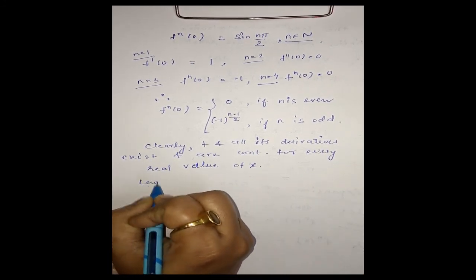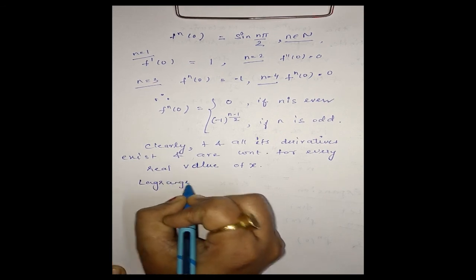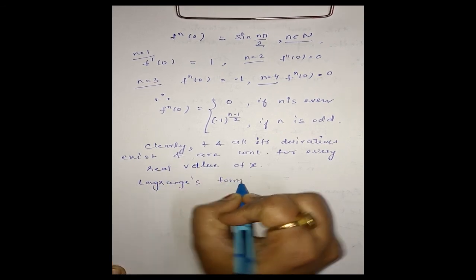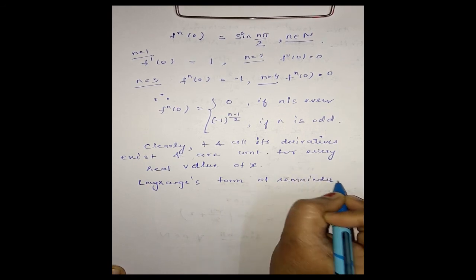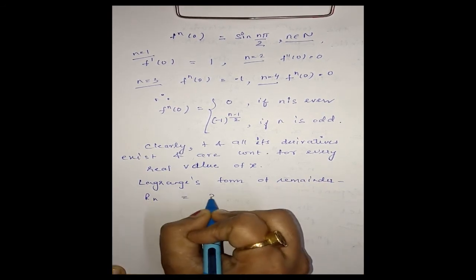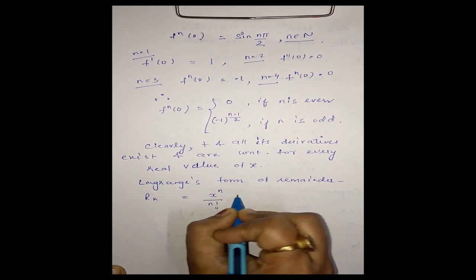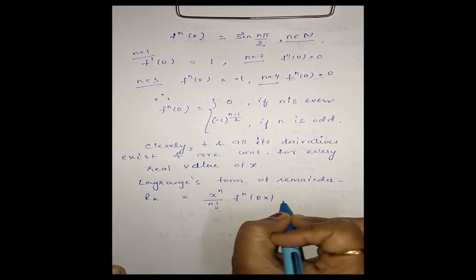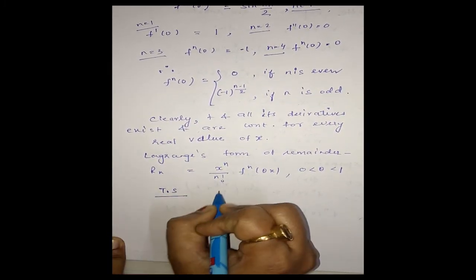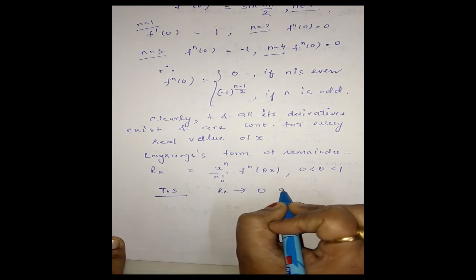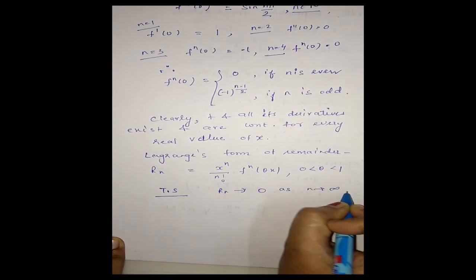Now we consider Lagrange's form of remainder, which is R_n equal to x^n by n factorial f^n(theta x), where theta lies between 0 and 1. The next condition is this, we have to show R_n tends to 0 as n tends to infinity.